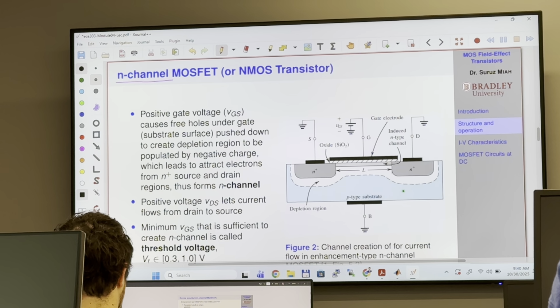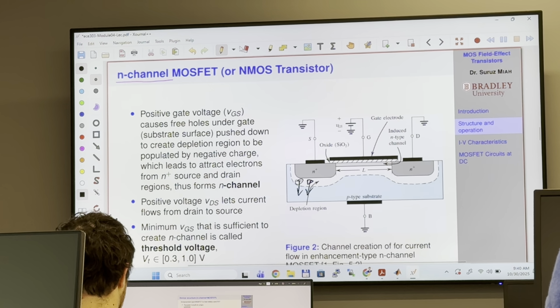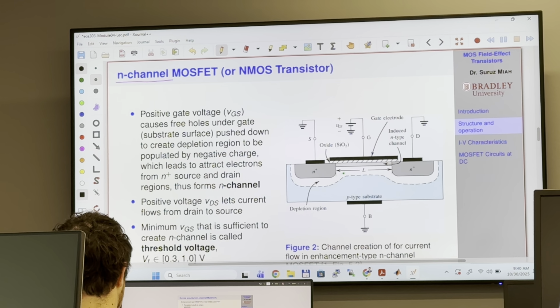We have positively charged P-type material, the positively charged holes, which will be pushed away. So there will be a region created like this, and this region is called the depletion region, because you are applying some voltage.